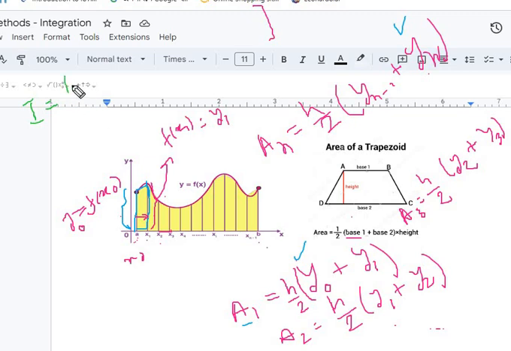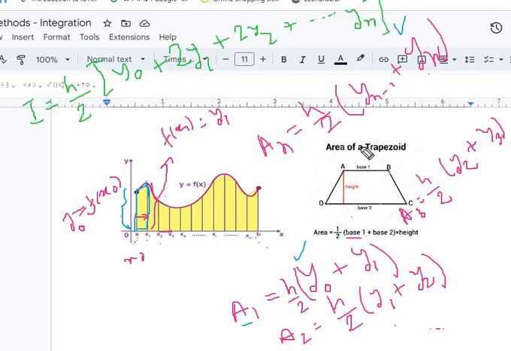So this will be simply given as h by 2 times, inside the bracket, y0, meaning f of x0, plus twice of y1, where y1 is f of x1, plus twice of y2, up to the last term.